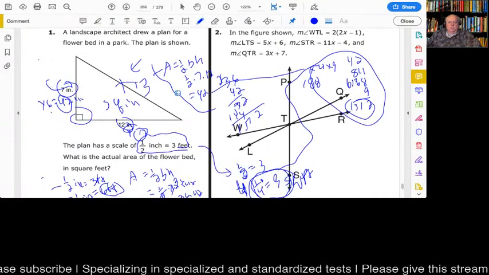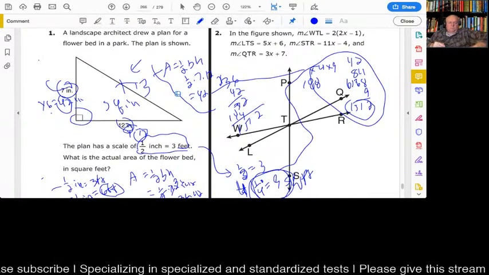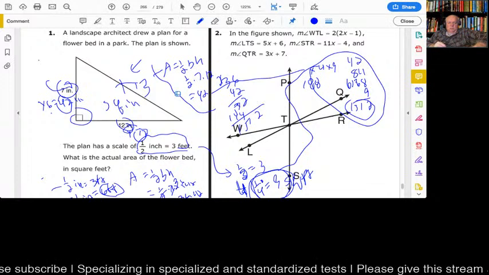Okay, number 2, let me erase some of this. So 2 is kind of pretty nasty.